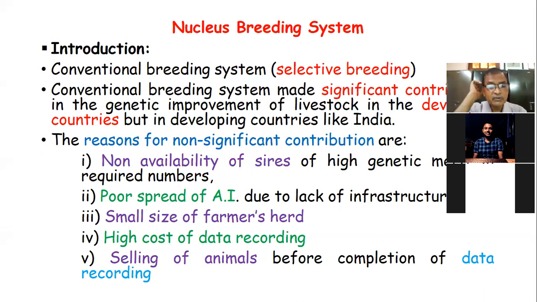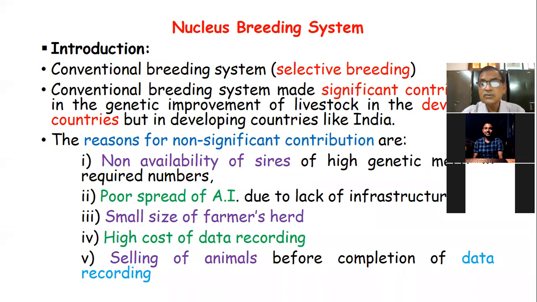Then there is the high cost of data recording. Our farmers are not so educated, so they are not able to record the data. The data includes the age at sexual maturity, when the animals come into heat, the date of insemination, the expected date of calving, the gestation period, and the calving interval.